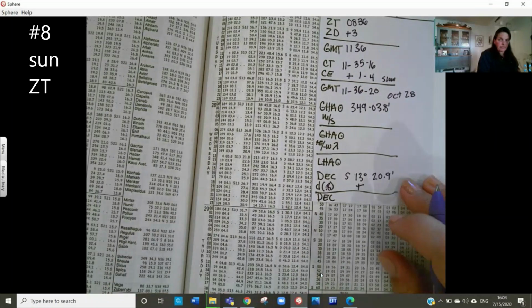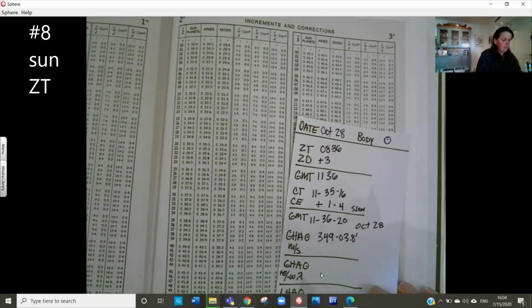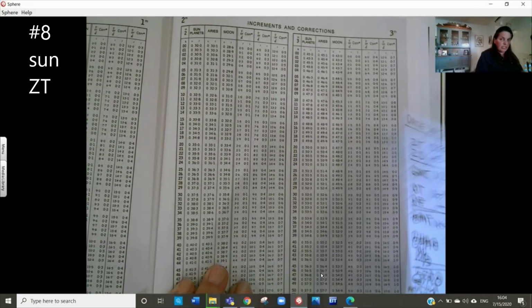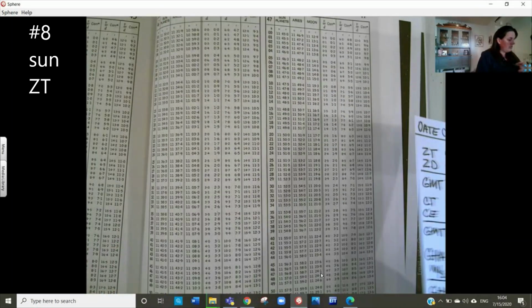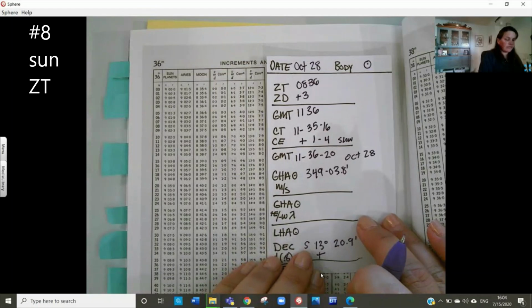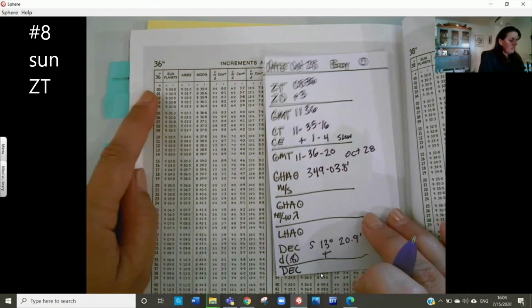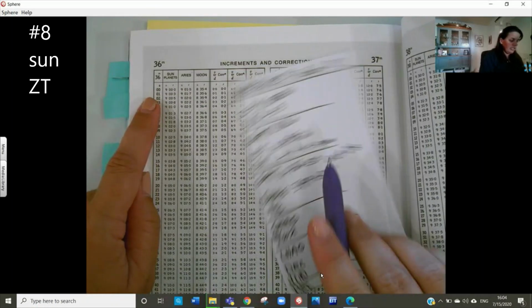Okay. So let's go to our minutes and seconds page. And we are at 36:20, which is our GMT time.